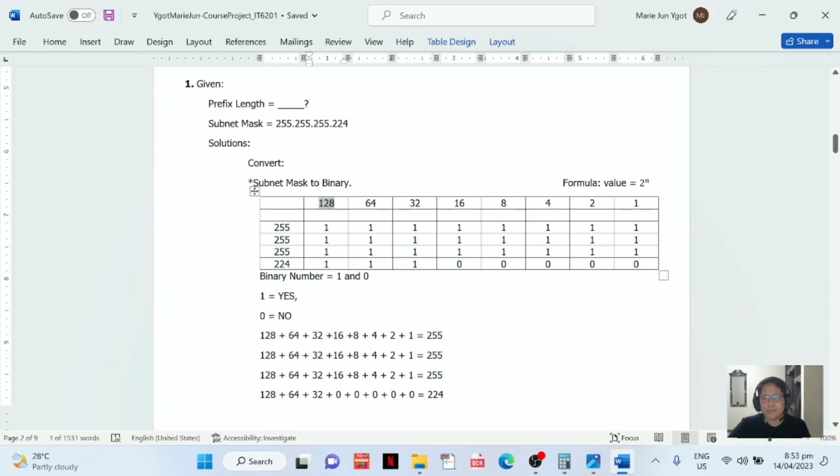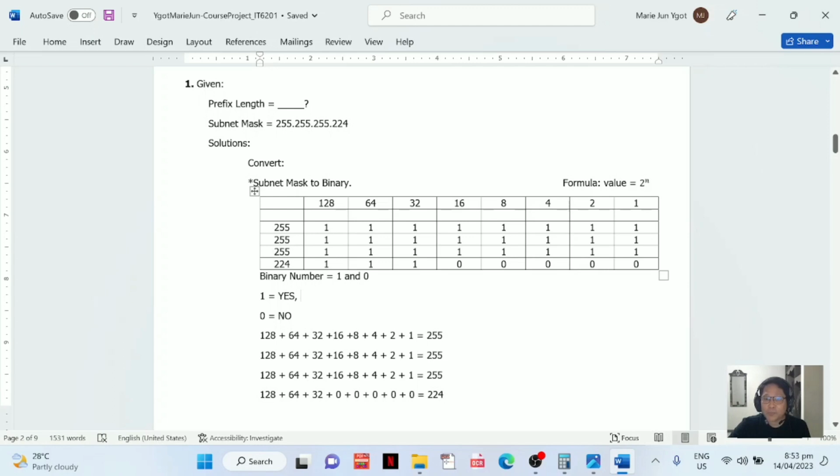But I think it is much easier to just double the number starting from 1. For example, 1 plus 1 makes 2.